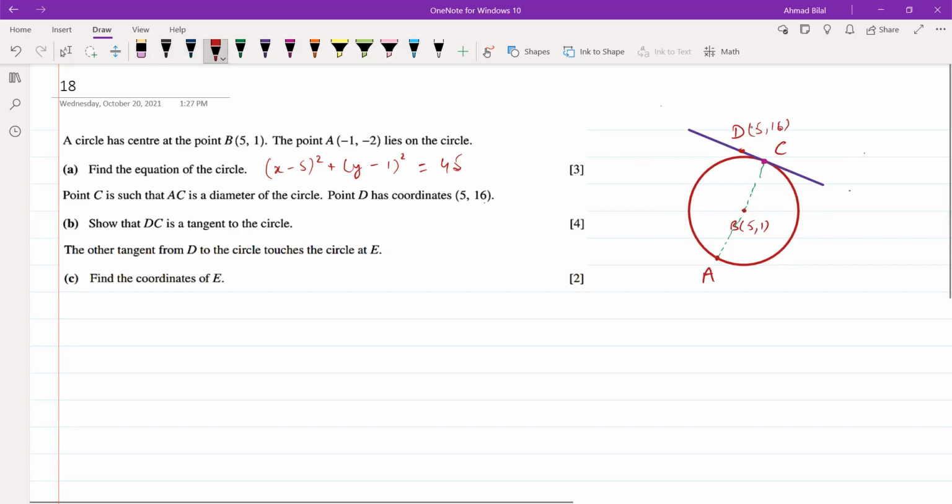Because for instance, I've drawn another line here. This will also be perpendicular to this radius, won't it? So we have this radius, we've got this line. They're also perpendicular, but that line is not tangent to the circle. So that's not enough. We need one more condition.